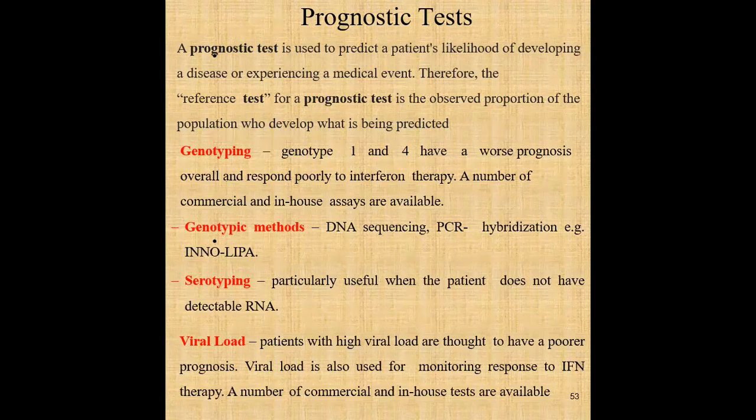That means the concentration of the virus, whether it is active or inactive, and the likelihood of the patient responding to the treatment or not. All these things are tested in the prognostic test.